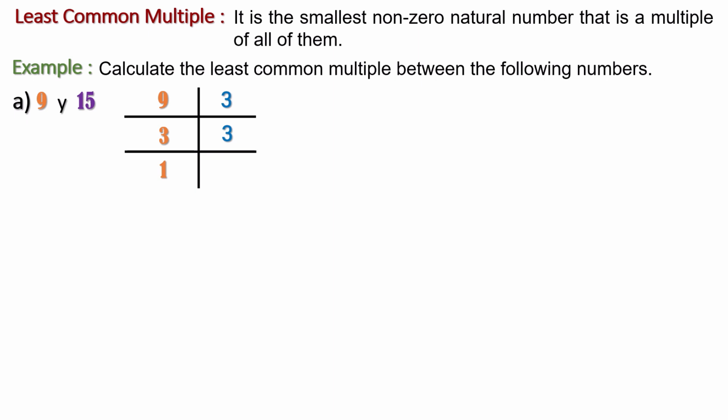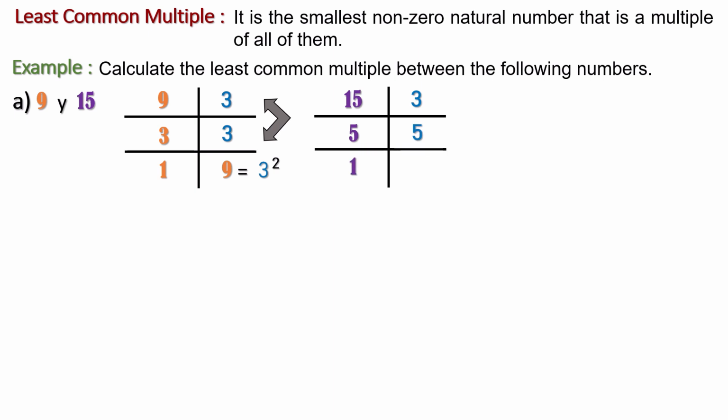Then the 9 we can write as the power 3 squared, because the 9 has been decomposed in 2 times 3. In a similar way, we proceed for the 15, where we can divide it by 3 and we obtain 5. And the 5, we can divide it by 5 and we obtain 1. Then 15 we can write as the product of 3 times 5.